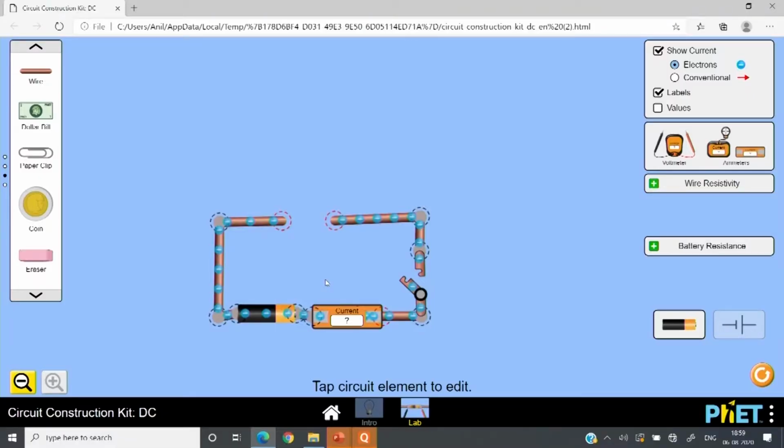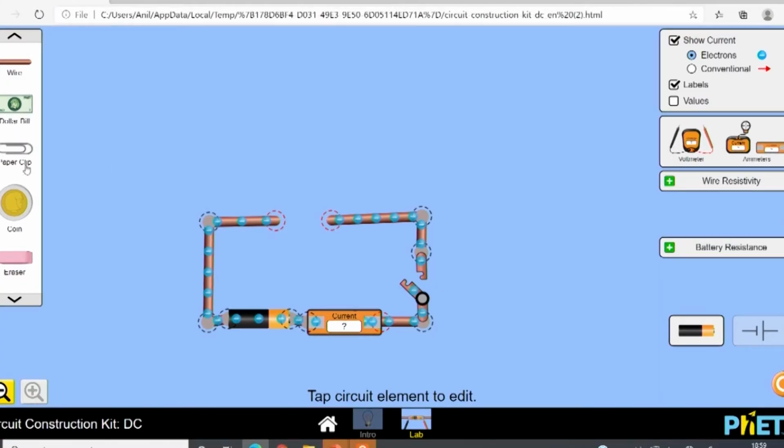Children, here this is an experiment to verify whether the electric current flows in same quantities in different materials. As you can see, this circuit is open and on the left side you are seeing various types of materials. Now I am taking a coin and inserting it in the circuit, and now if I close the switch, what will happen, children?